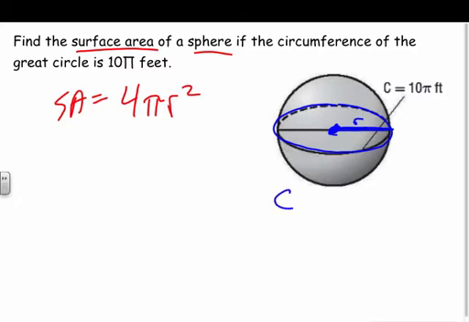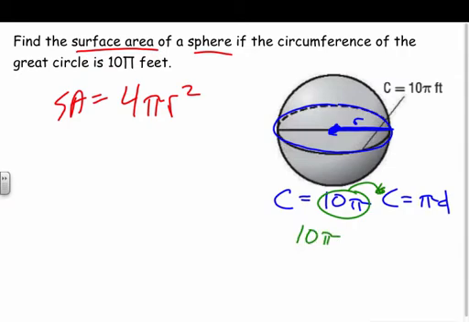So if the circumference is 10 pi, and the circumference formula is pi times diameter, I could just plug in this 10 pi for C here. So 10 pi equals pi times diameter. To solve for the diameter, we just divide by pi. We've covered that before. So we have a diameter of 10, which means the radius has to be half of that.